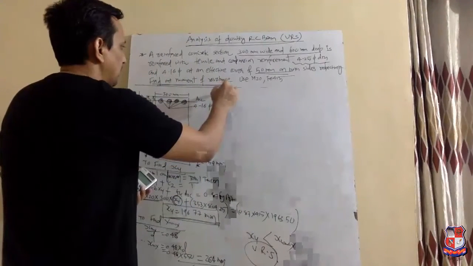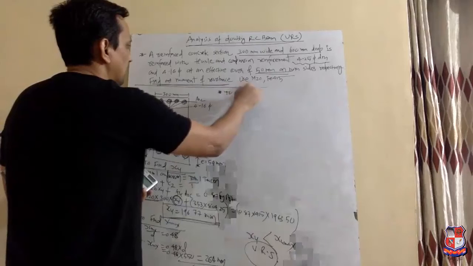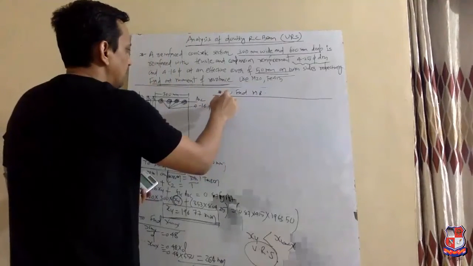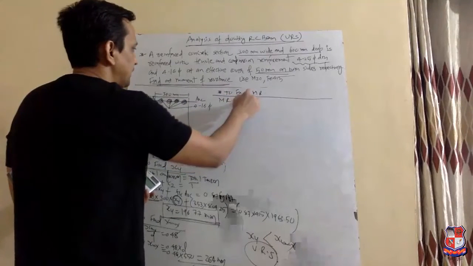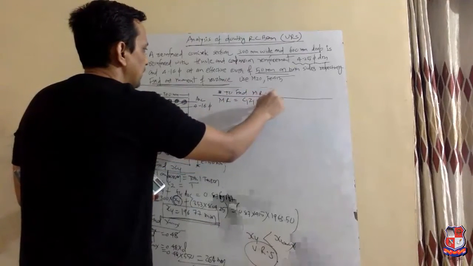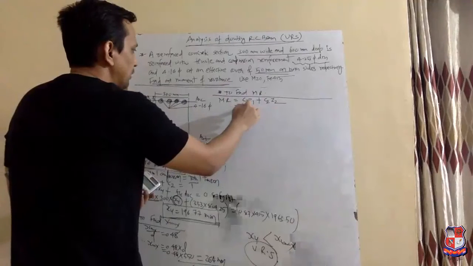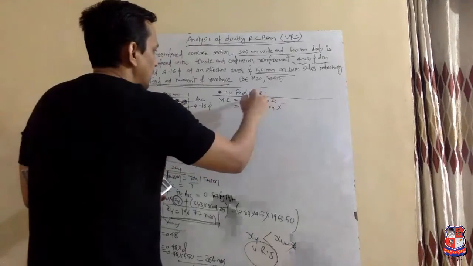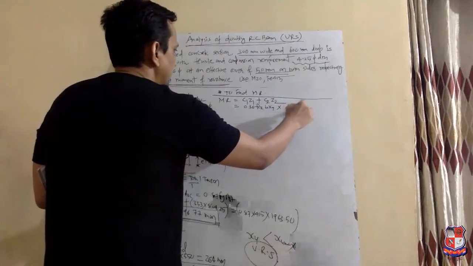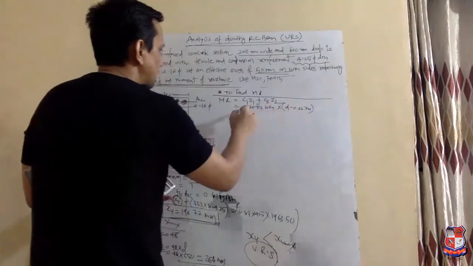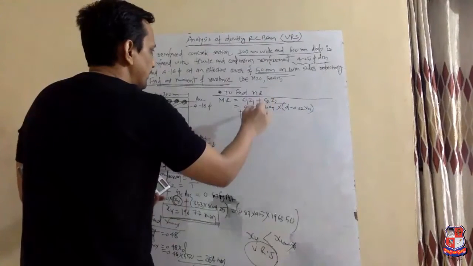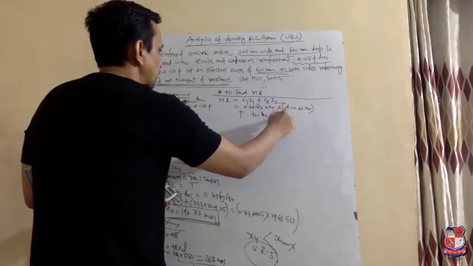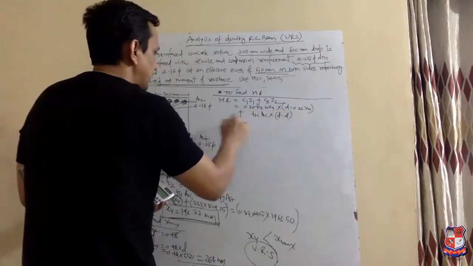Finally, to find MR, the equation of moment of resistance is C1Z1 plus C2Z2. C1 is 0.36 FCK B into XU into Z1, means D minus 0.42 XU, plus C2, FSC into ASC into Z2, D minus D dash.